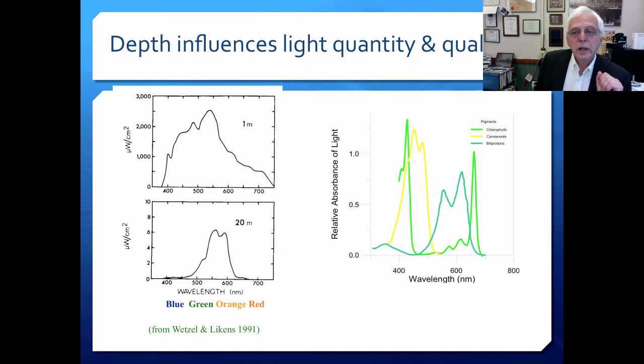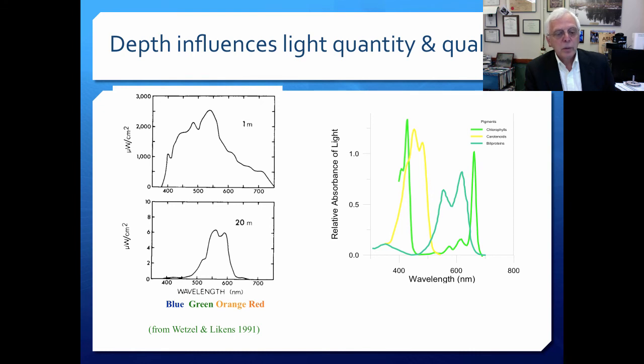Depth influences light quantity and quality. At the left-hand side is a light spectrum taken from some work by Wetzel and Likens, showing microwatts per square centimeter of radiation across a variety of different wavelengths.